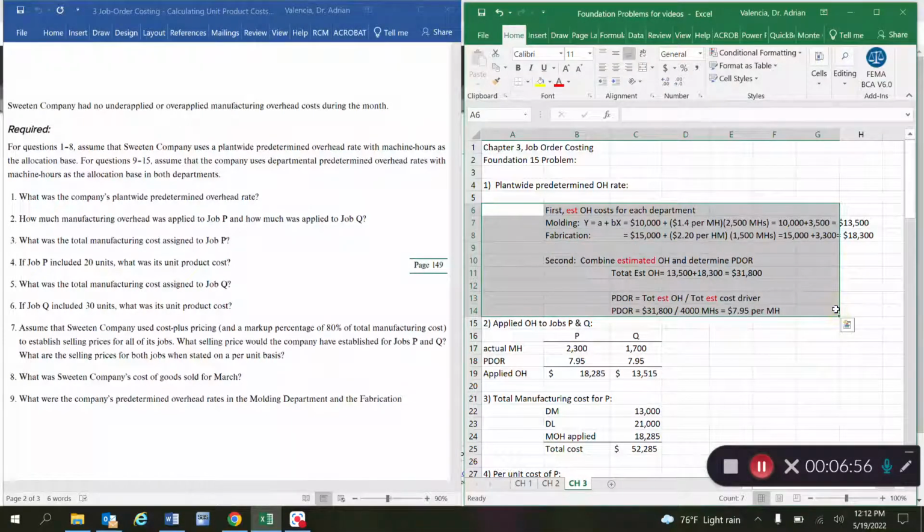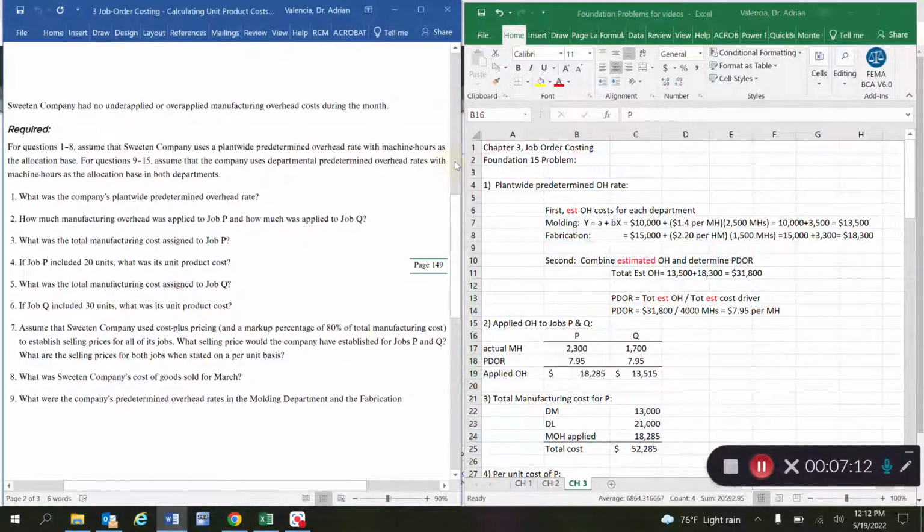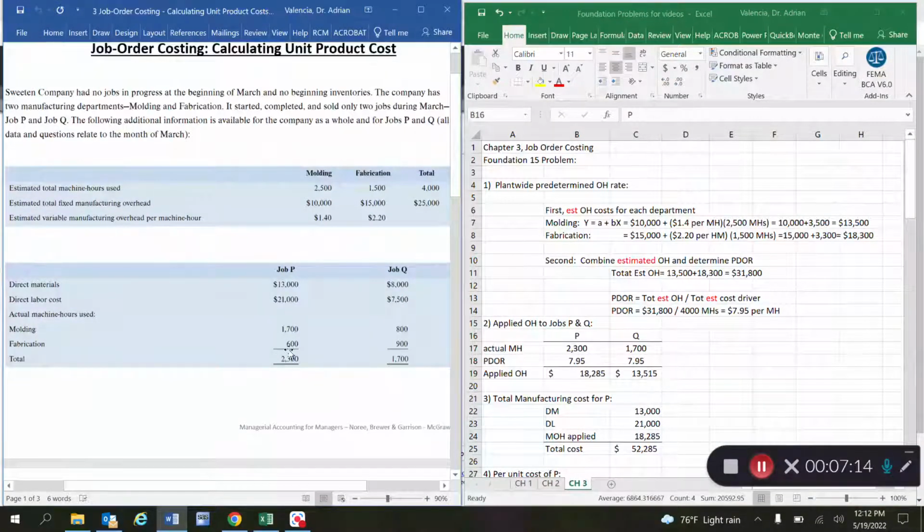So that we can later on say, okay, if I am using 2,300 machine hours for product P, then my estimated overhead cost is $7.95, our rate, times those actual hours. So that's where we're going to look and say, okay, how many hours did we incur for job P? And that's 2,300 actual hours.